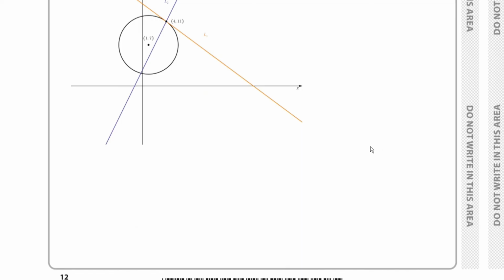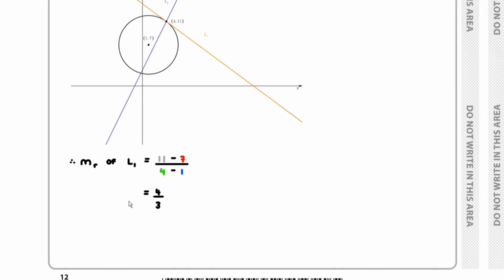For us to find the equation of L1, we first of all need the gradient of the radius, and recognize that the radius and the tangent are perpendicular to each other. So the gradient of the radius is equal to (11 subtract 7) over (4 subtract 1), and if I work this out, I get 4 over 3.